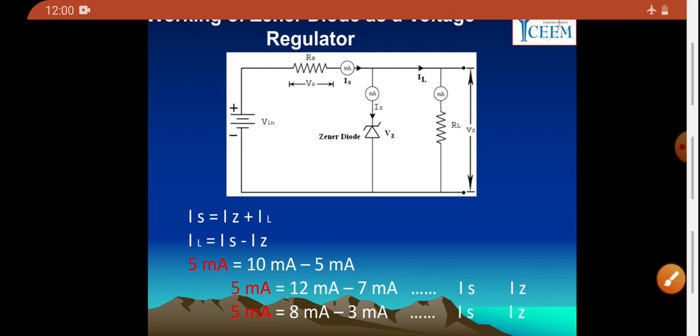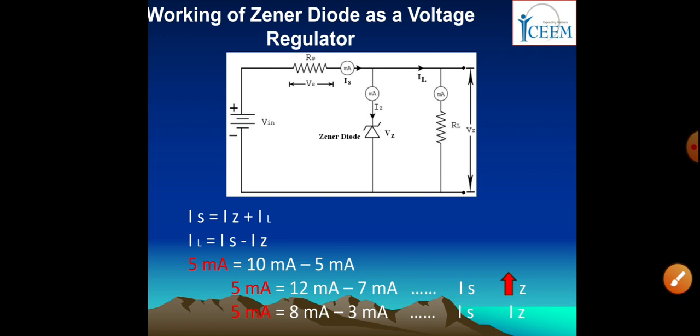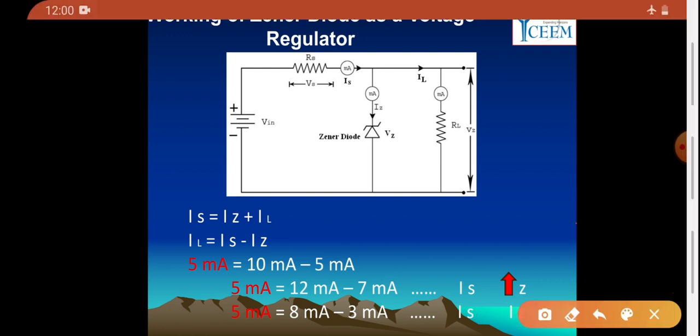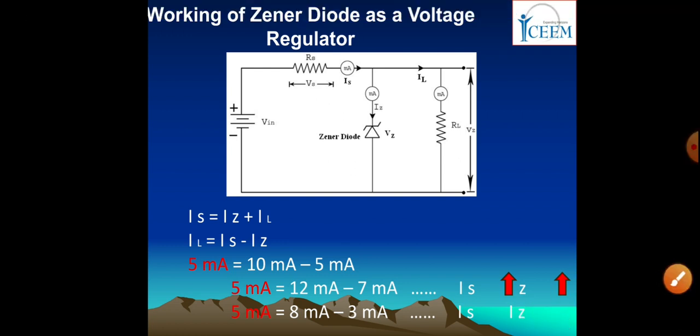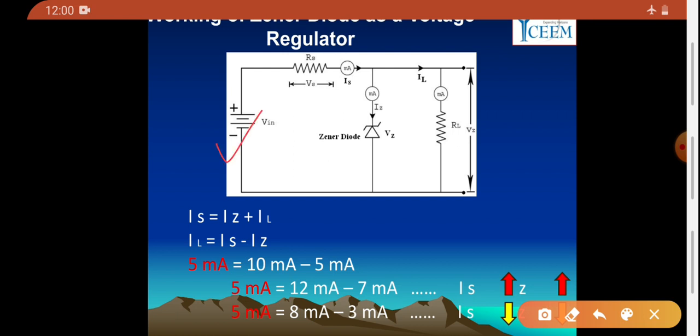So as V in increases, Is will also increase, but our task is to keep IL constant. Therefore the Zener diode adjusts itself such that Iz will also increase.